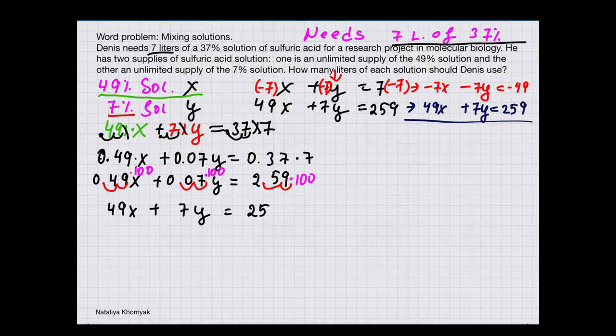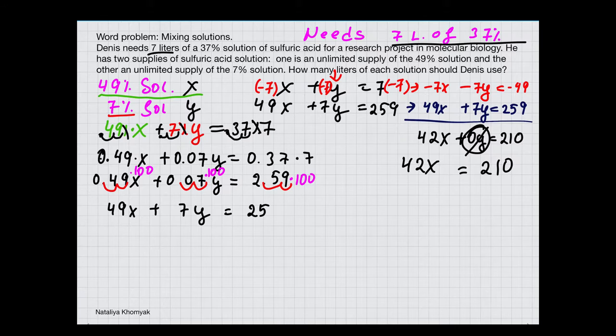Now we add top and bottom. 49x minus 7x, we get 42x. Plus 7y minus 7y, we get 0y, equals 259 minus 49, we get 210. So we have 42x, 0 times anything is 0, equals 210.